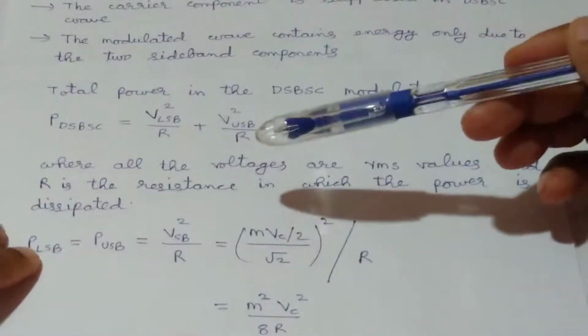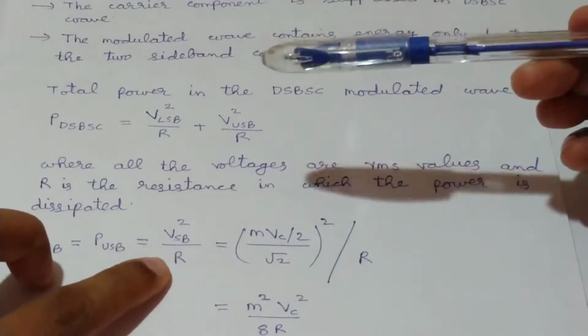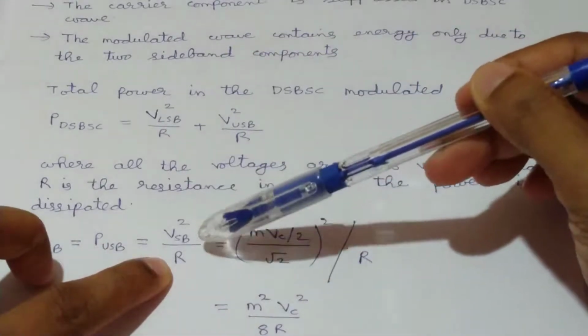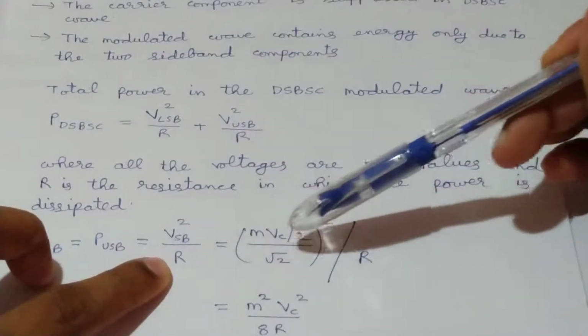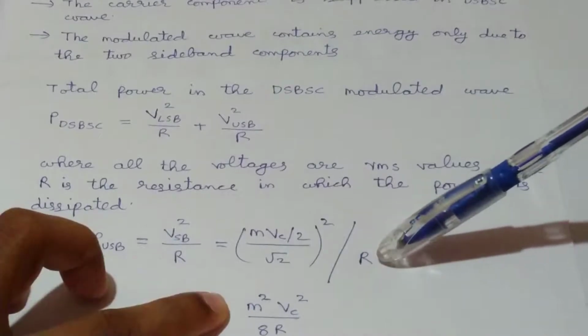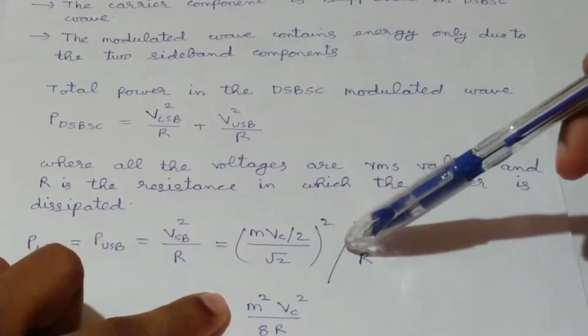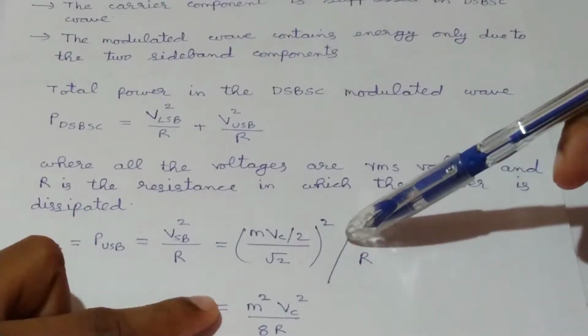Then we know P LSB is equal to P USB, which is equal to V SB square divided by R, which is equal to (m Vc by 2 divided by root 2) whole square divided by R. We have already seen this equation in part 2. If you have any doubt, you can go through that part 2 class.